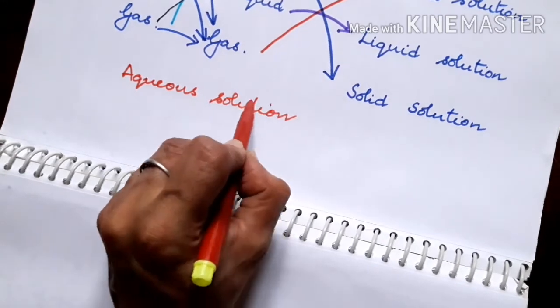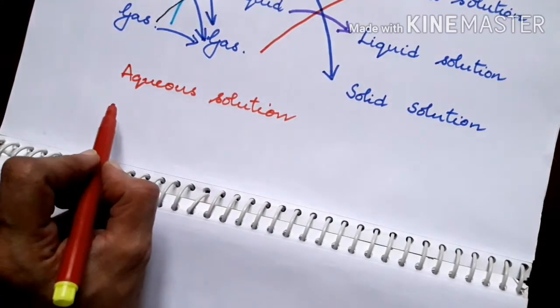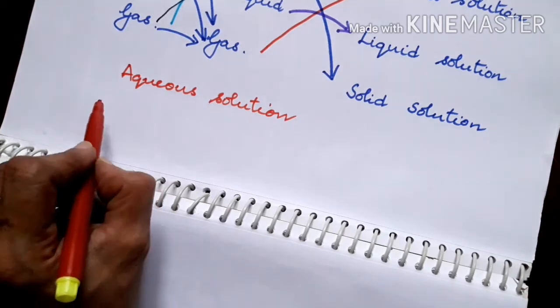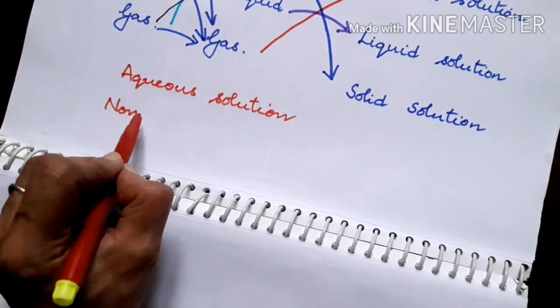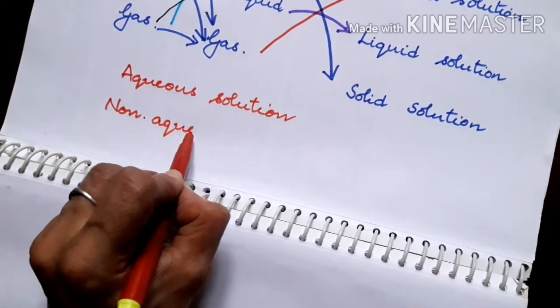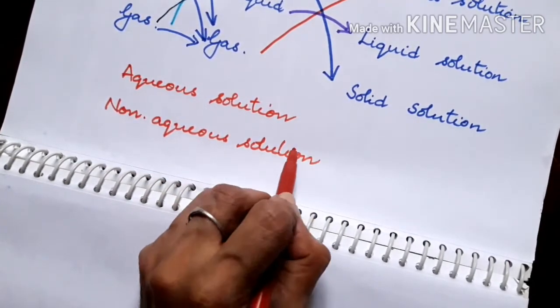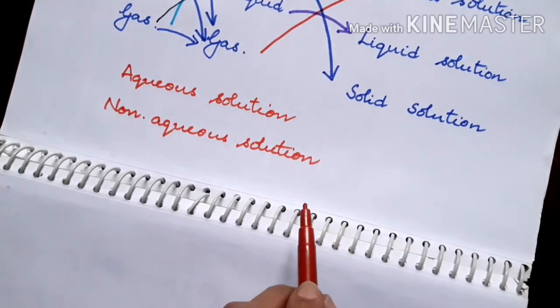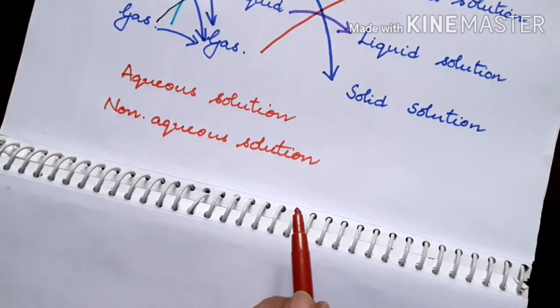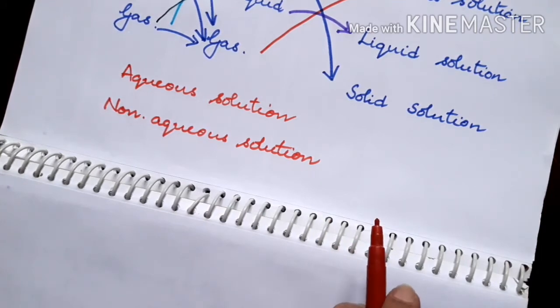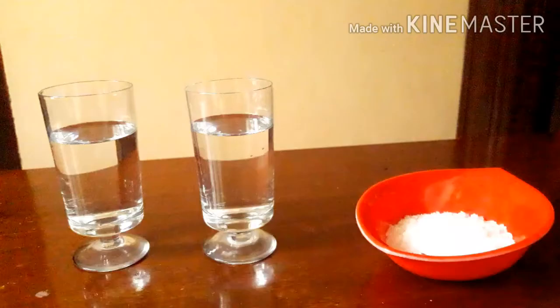And a solution in which a liquid other than water is the solvent is called a non-aqueous solution. So how do you define non-aqueous solutions? Non-aqueous solutions are those in which the solvent is a liquid other than water. It can be carbon tetrachloride, kerosene, benzene, ammonia, etc.